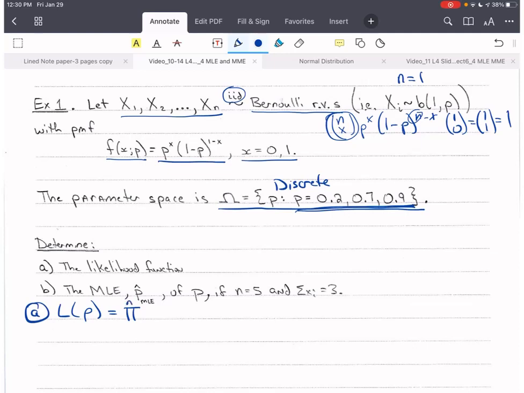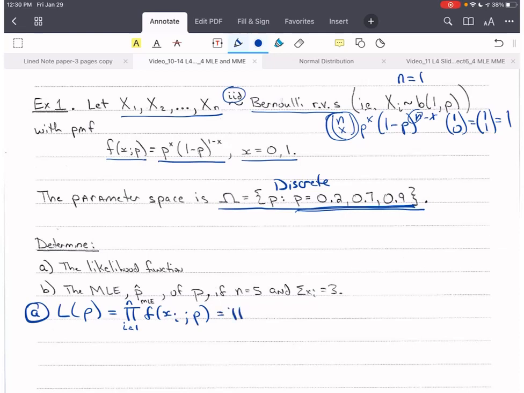We're always going to take the product, i equals 1 to n, of f of xi given p. Remember, there are n of these xi's, x1, x2, up to xn.